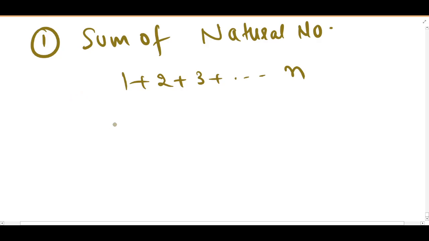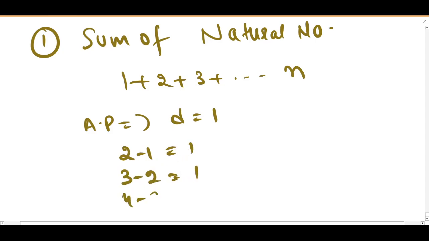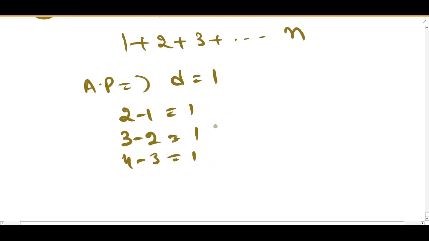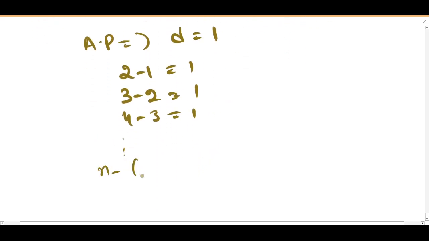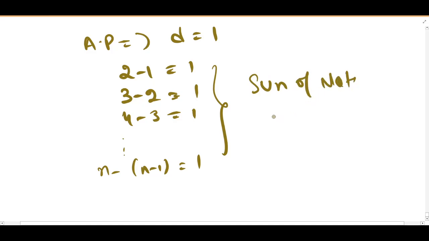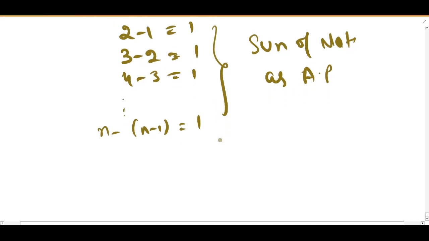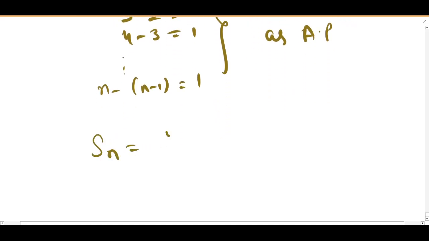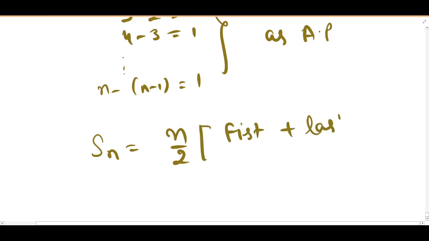We notice here that it is an AP where the common difference is 1, because 2 minus 1 is 1, 3 minus 2 is 1, 4 minus 3 is 1, and n minus (n minus 1) is equal to 1. So we can call the sum of natural numbers an AP. So we know how to write the sum: n by 2 times first term plus last term.